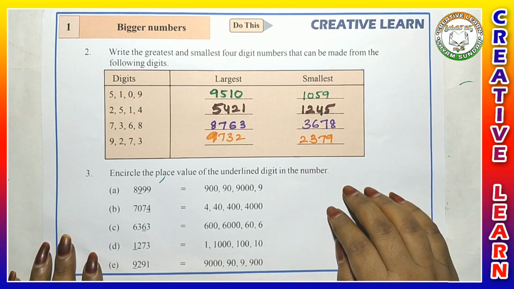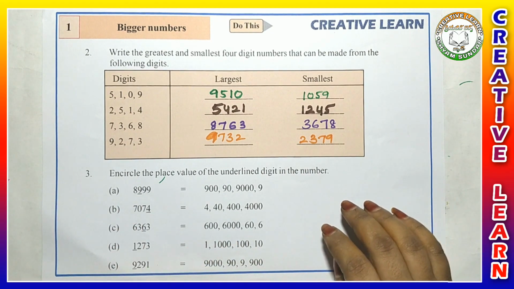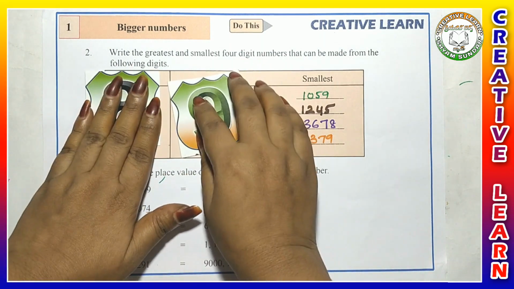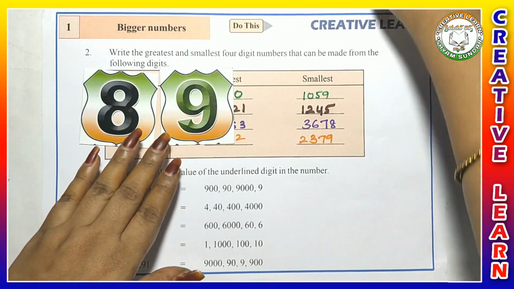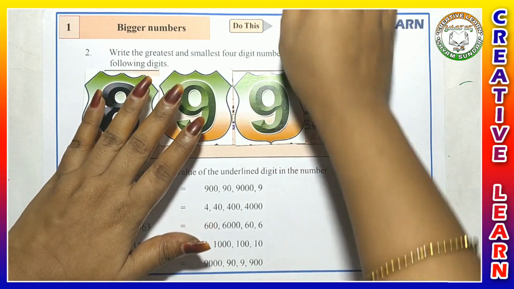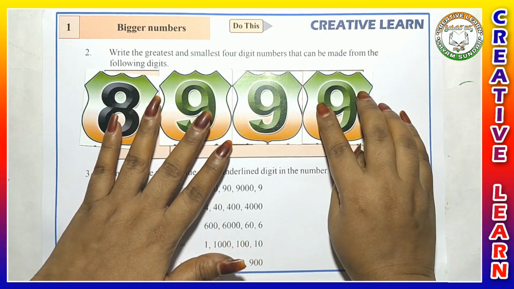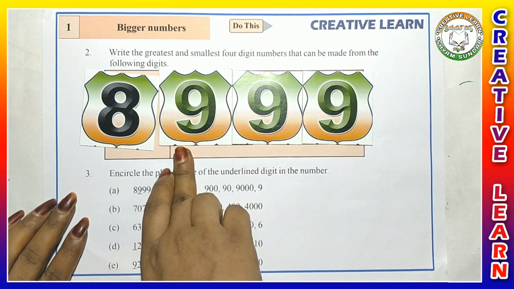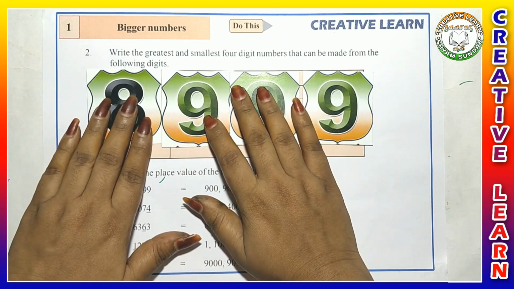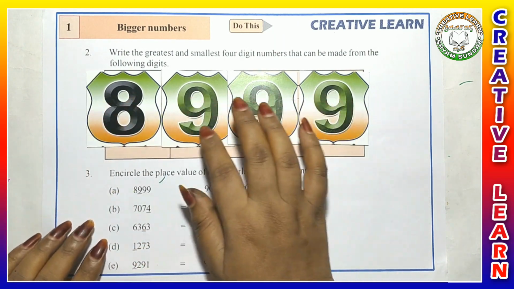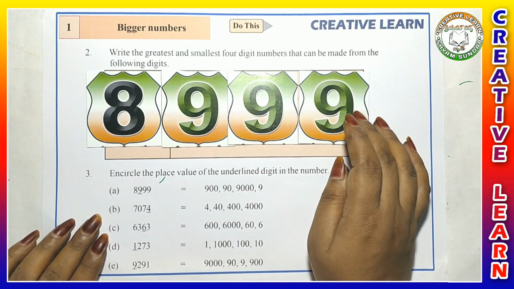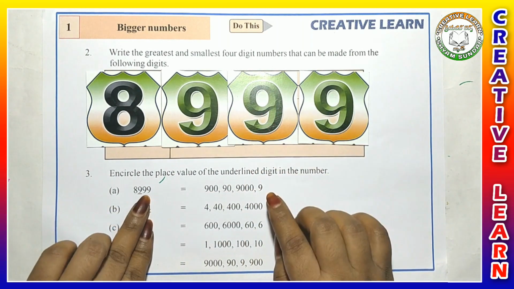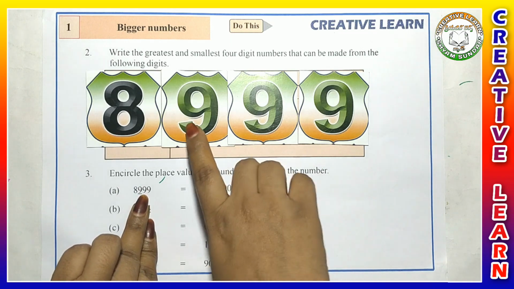Okay, let's form the number first. 8, 9, 9, 9. Let's see the places: ones, tens, hundreds and thousands. What is the number name? 8999. In this one, what is the place value of the underlined digit?